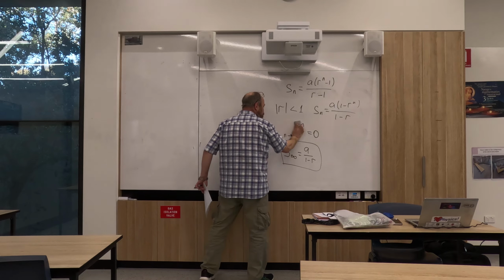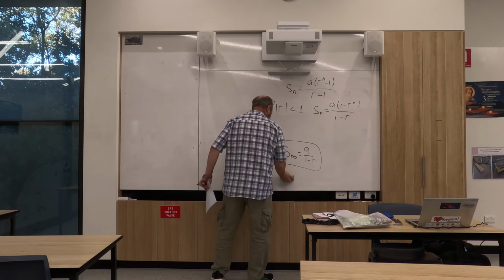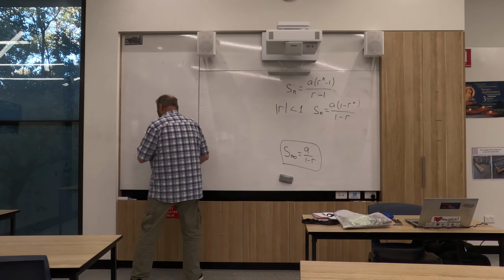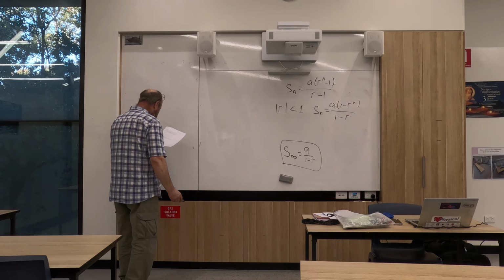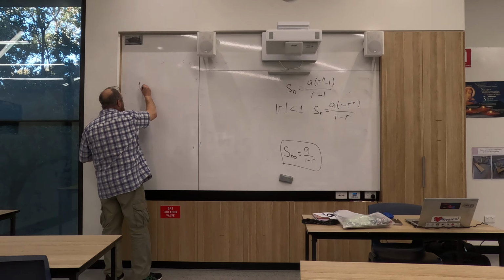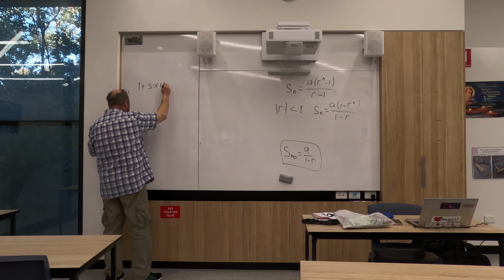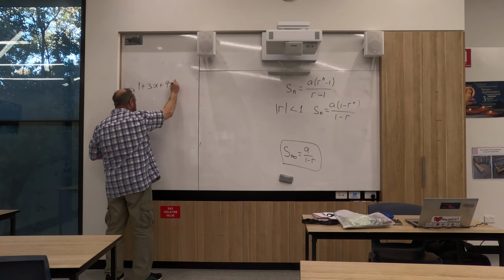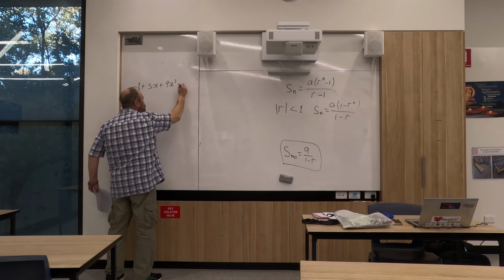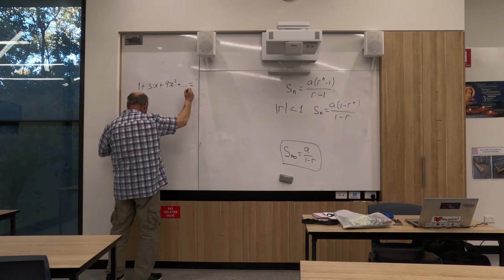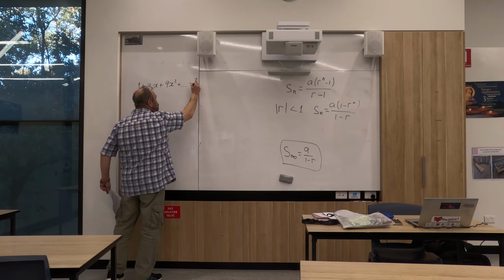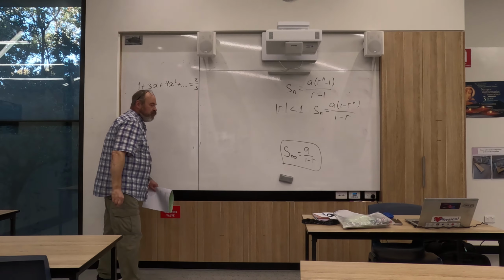We have that the sum of 1 plus 3x plus 9x squared plus and so on, going to infinity, equals 2/3. Find x.